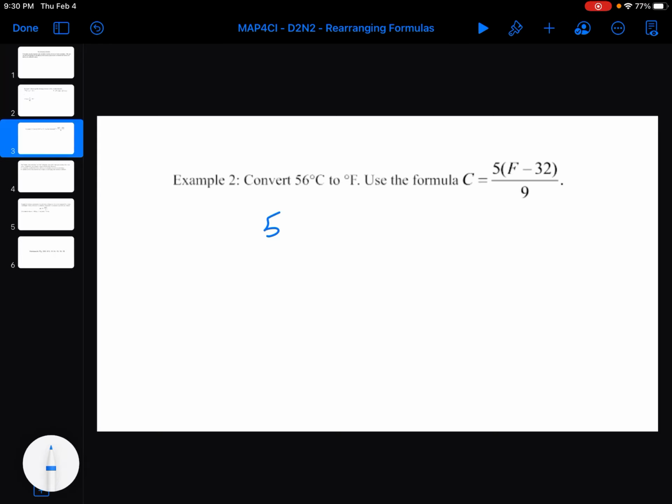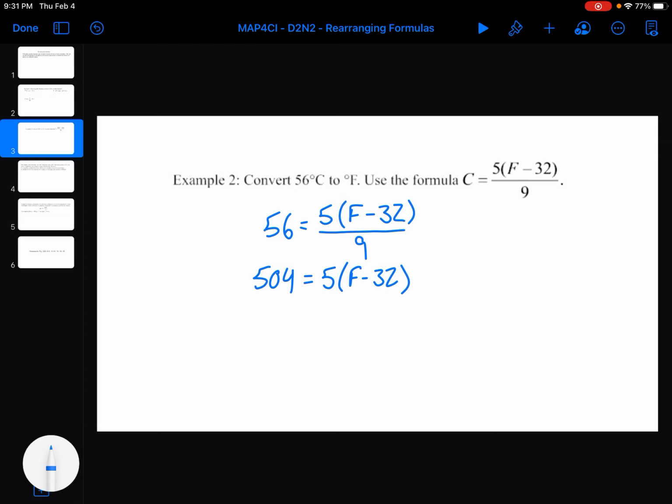So I'm going to have 56 equals 5 times (f minus 32) over 9. Now I'm going to get rid of the 9 first. So I'm going to multiply that 9 on both sides because I'm dividing by 9. So I'm going to do 56 times 9. I'm going to get 504 equals 5 times (f minus 32).